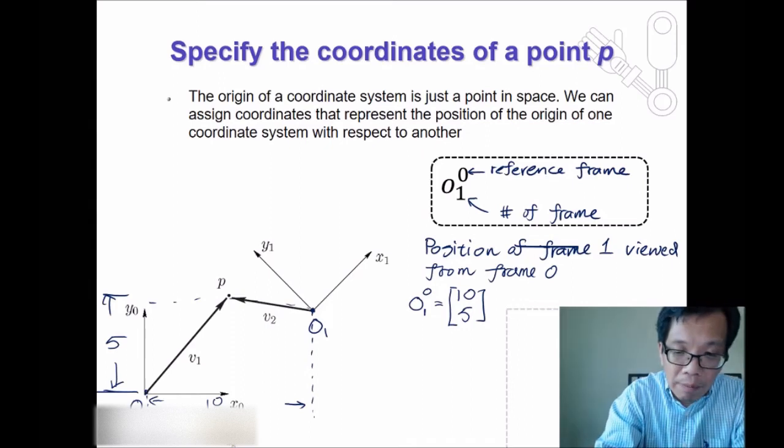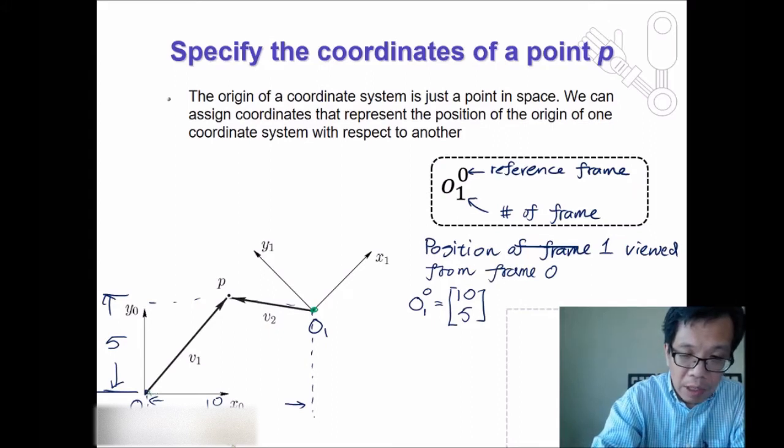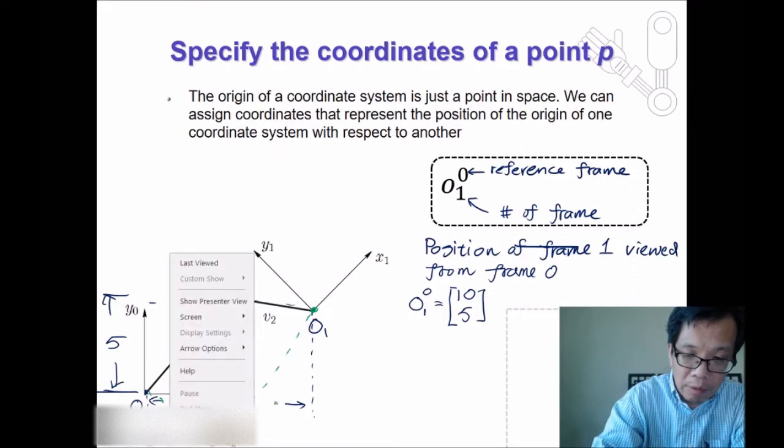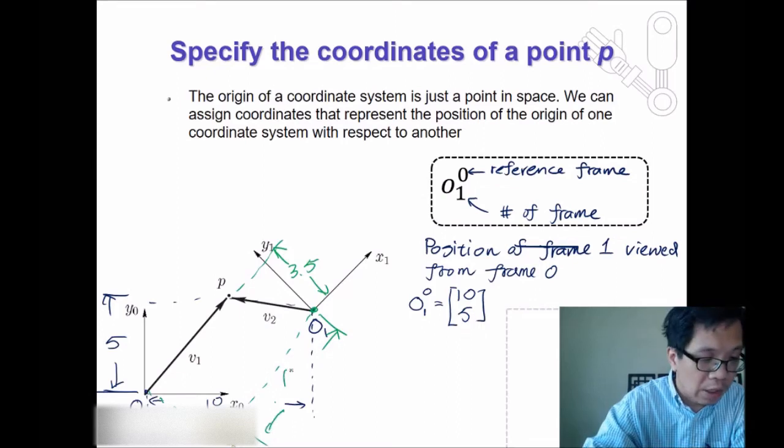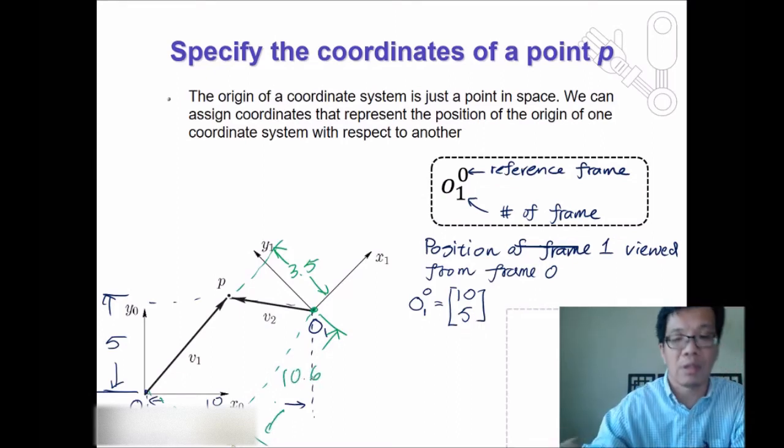So this time, if I want to use this one as my reference point, and I measure based on this one over here, I have this coordinate 3.5, and this one over here, that is 10.6.